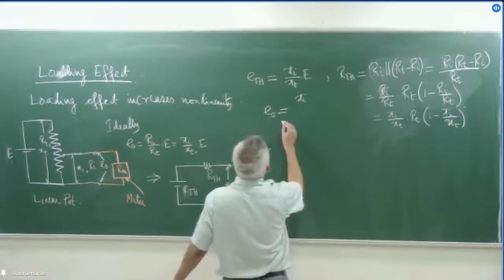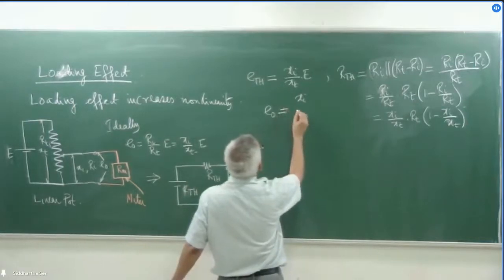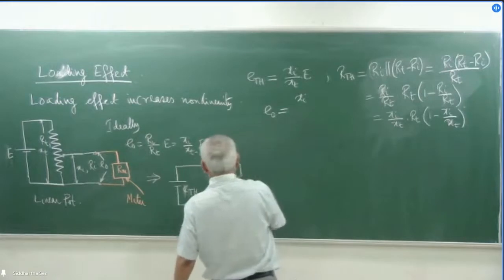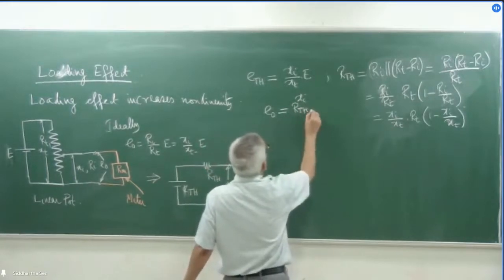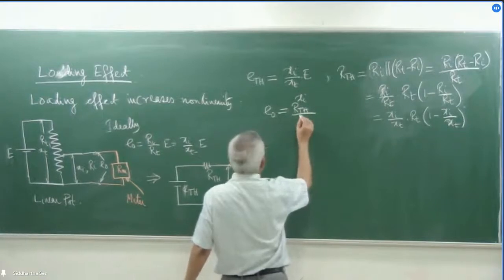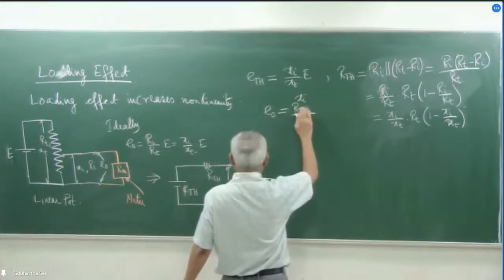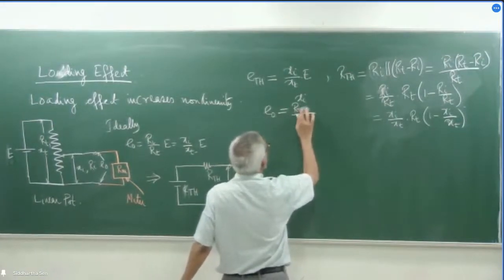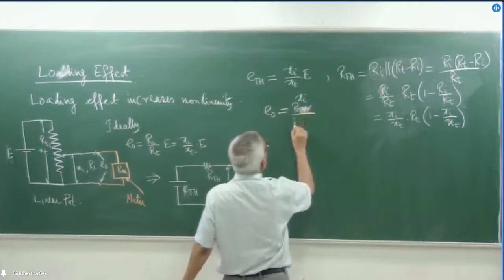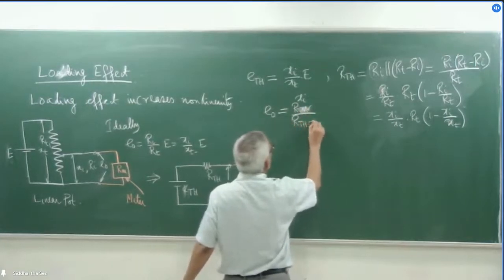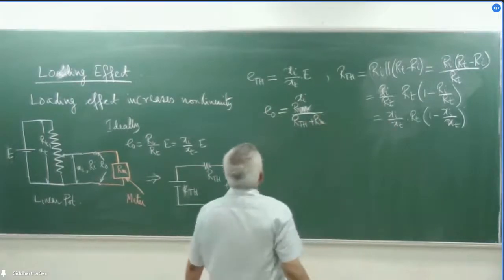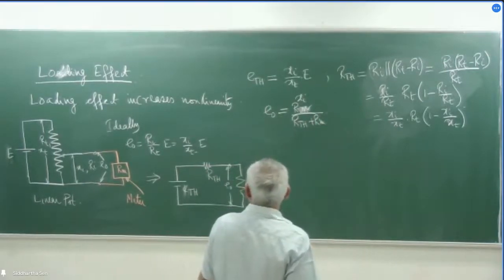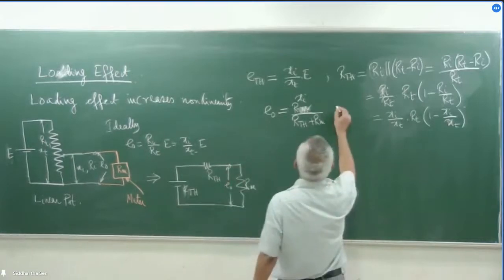E0 is equal to Rm divided by RTH plus Rm into ETH.